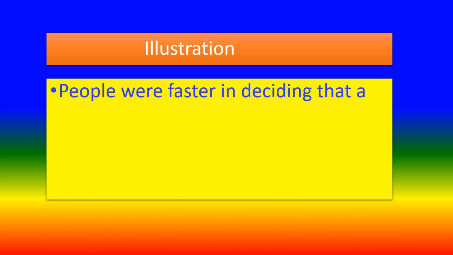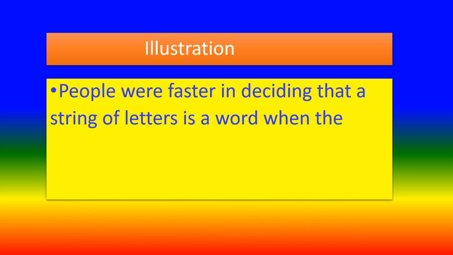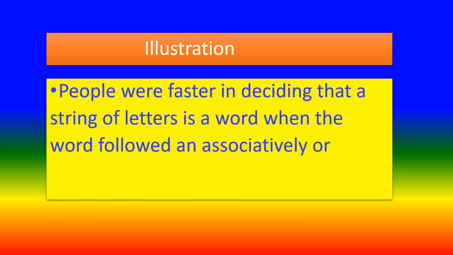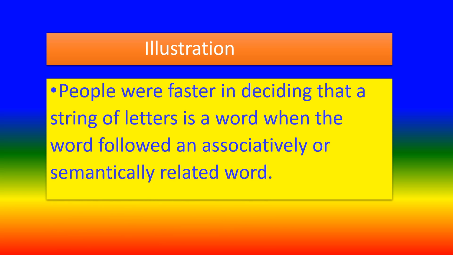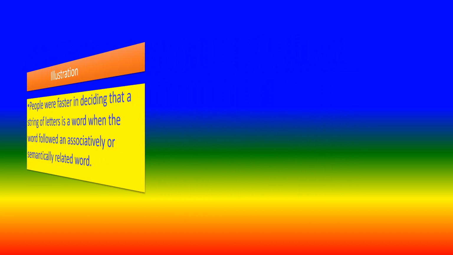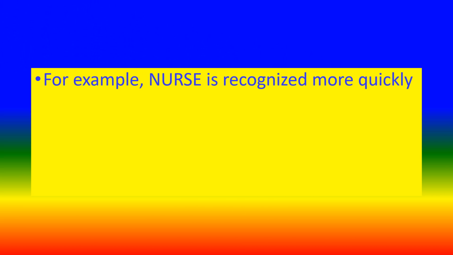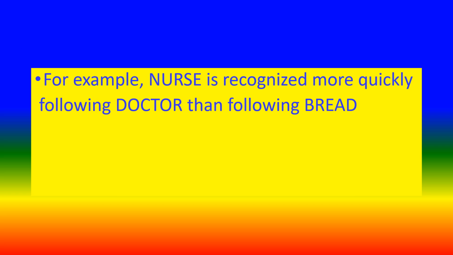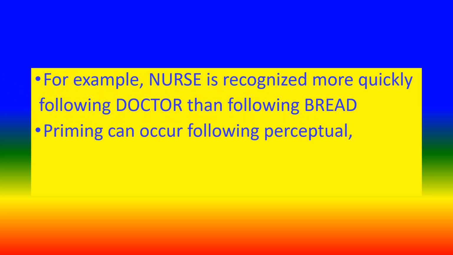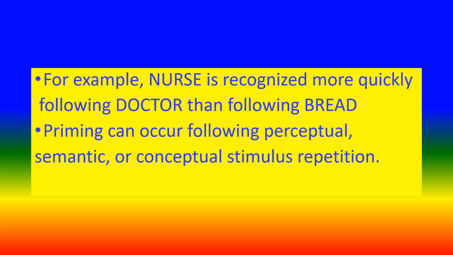Illustration: people were faster in deciding that a string of letters is a word when the word followed an associatively or semantically related word. For example, nurse is recognized more quickly following doctor than following bread. Priming can occur following perceptual, semantic or conceptual stimulus repetition.